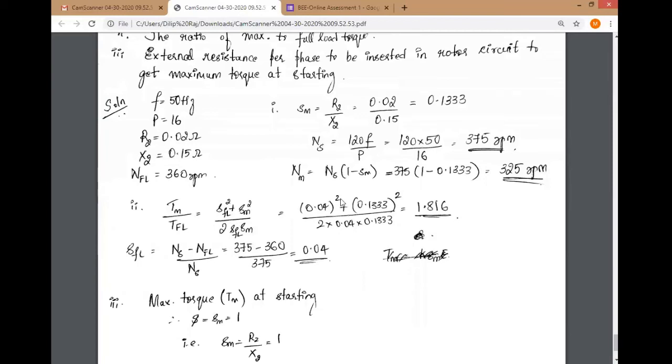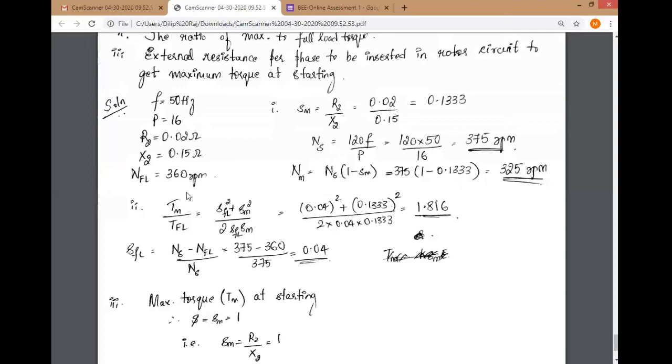Here we do not know the full load slip value. It can be calculated as Ns minus Nfl, that is synchronous speed minus full load speed, divided by the synchronous speed. Substitute and calculate the full load slip. It is 0.04. Substituting all those values, we get the ratio as 1.816. That is, the maximum torque is 1.8 times the full load torque.